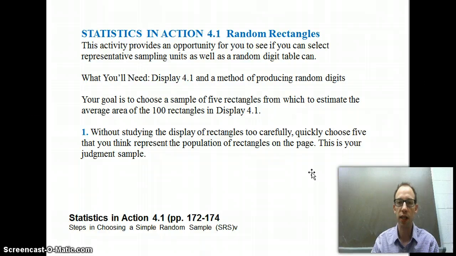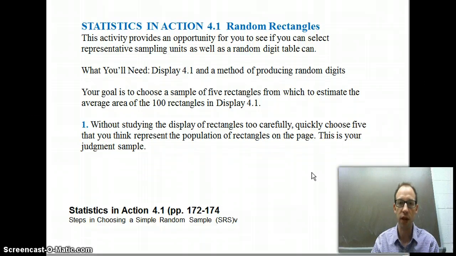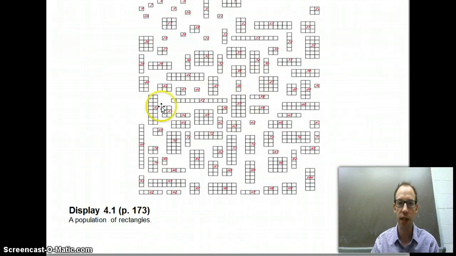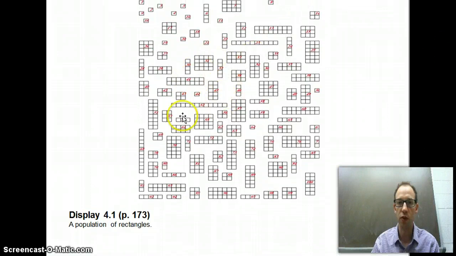This random rectangles activity, I'll let you read the instructions, but basically you're supposed to look at this page and choose 5 of these rectangles at random. So bam, bam, bam, bam, bam, however you want to determine random.